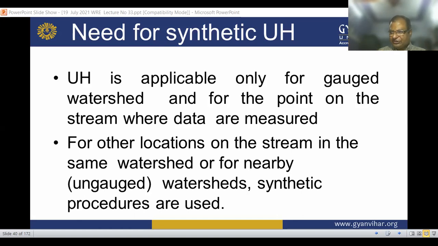For other locations on the stream in the same watershed or for a nearby ungauged watershed, synthetic procedures are used.